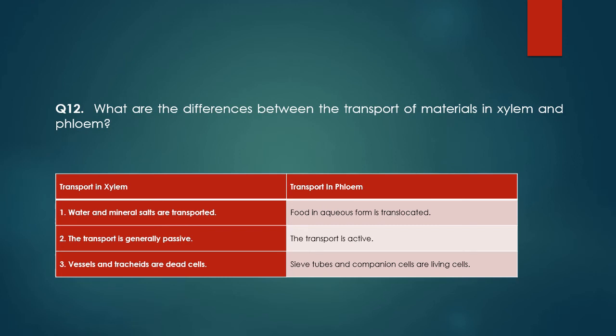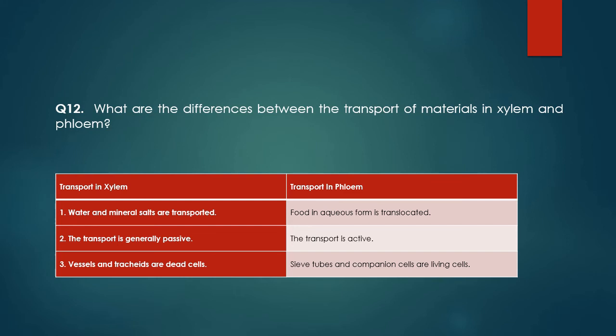Transport in phloem: food in aqueous form is translocated. Point 2. The transport in xylem is generally passive, meaning it does not need ATP, and it is towards the gradient. In phloem the transport is active, meaning against the gradient, so ATP is needed.